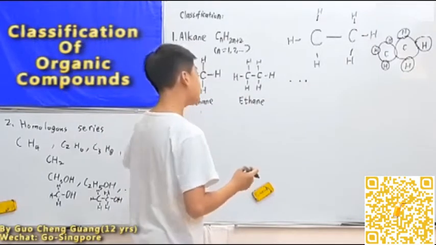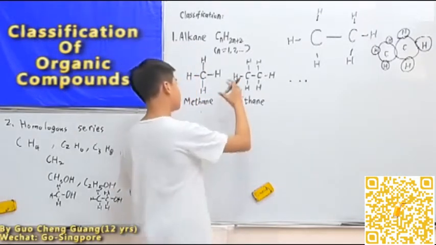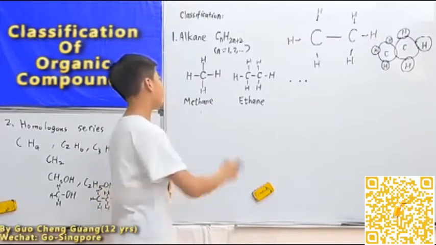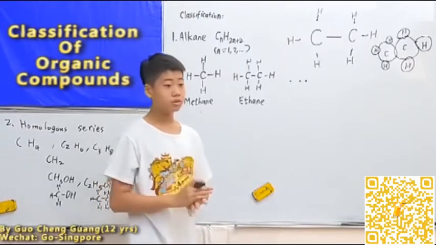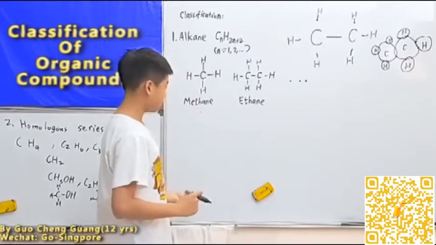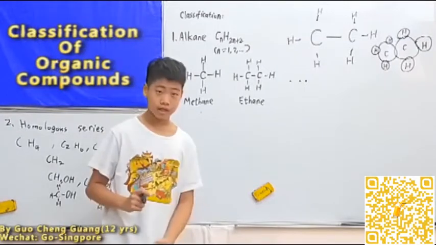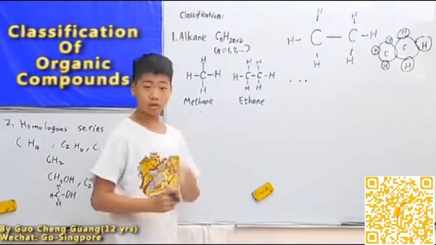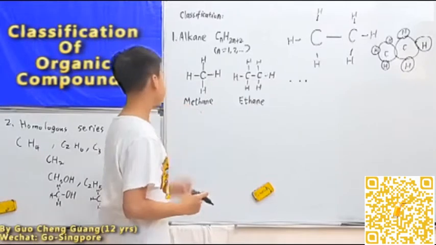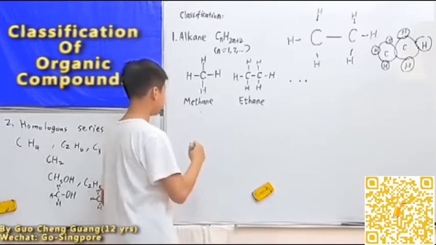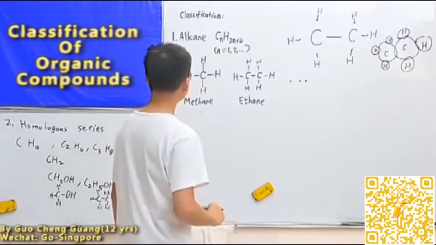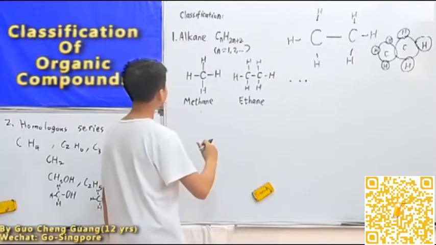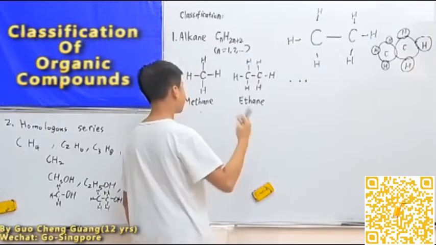In the last lesson, what we had is if you add oxygen inside, like water, H2O, carbon dioxide, CO2, or carbon monoxide, CO, and there's others. So from this part, we're talking about organic chemistry.